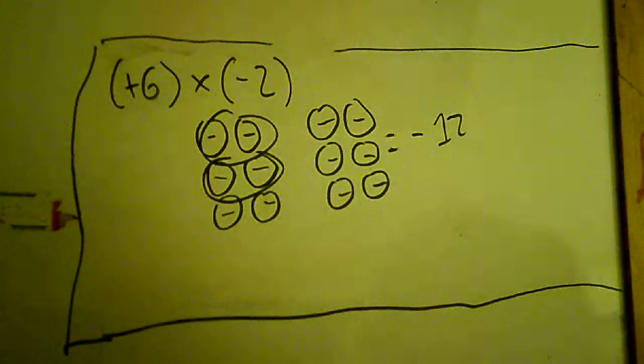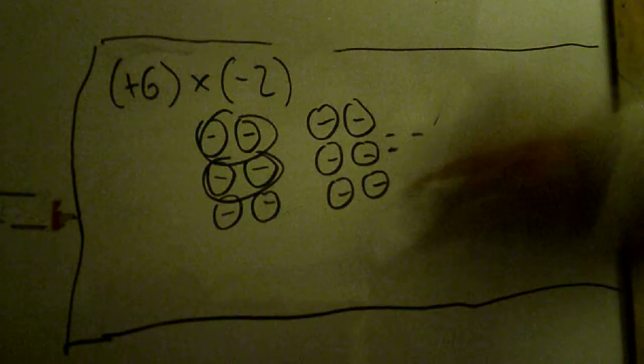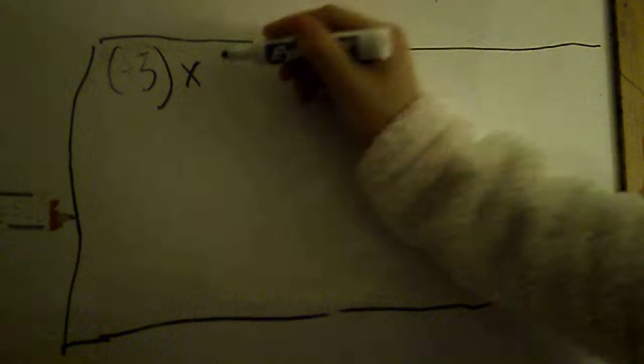That's easy. So now, my next one is what you do if you're doing the opposite. A negative by a positive. This is pretty much the one that confuses everybody, but I'm going to do my best to explain it. For my example, I have negative 3 times positive 2.